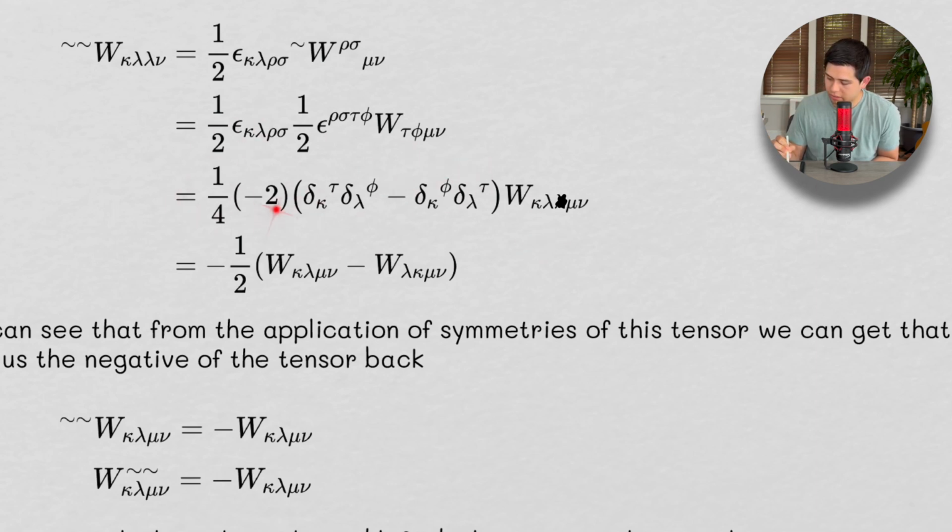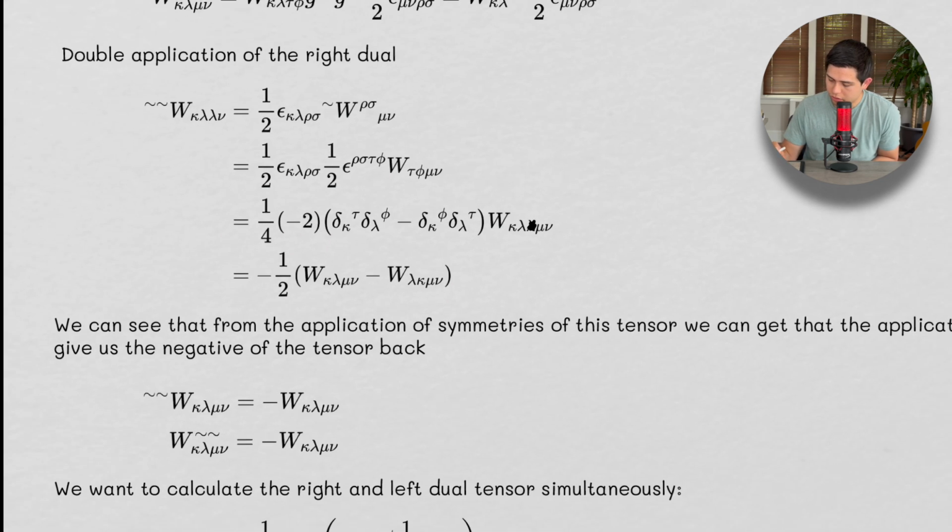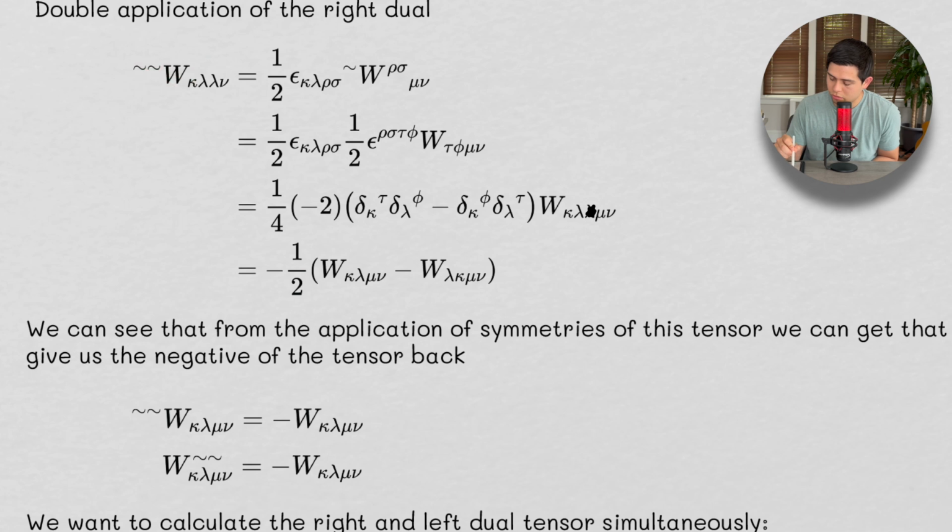And then we get to this point. The right dual applied twice, the double right dual, is equal to this.